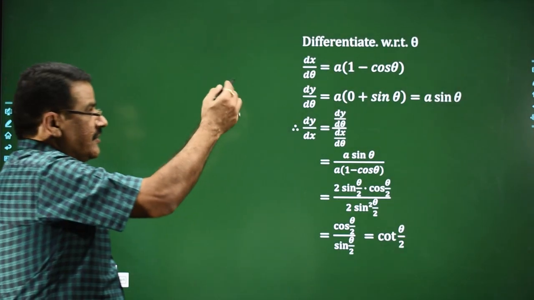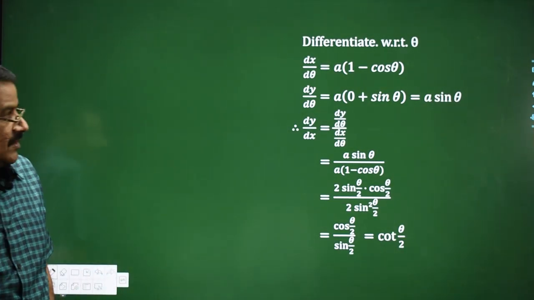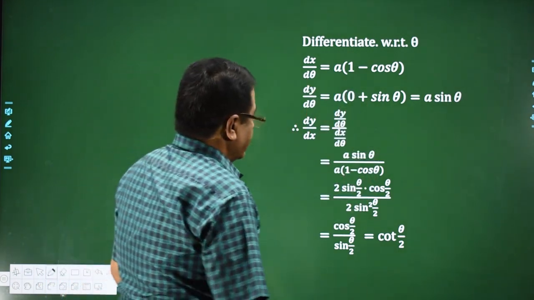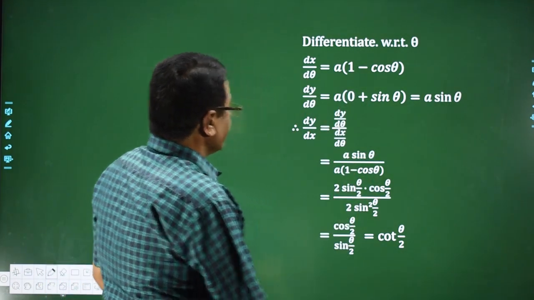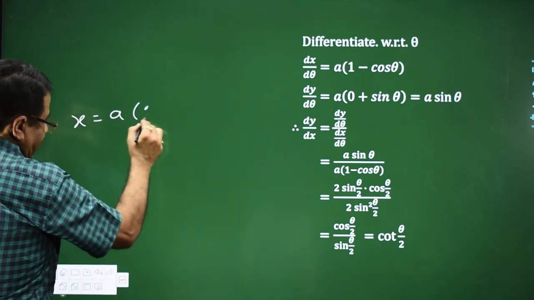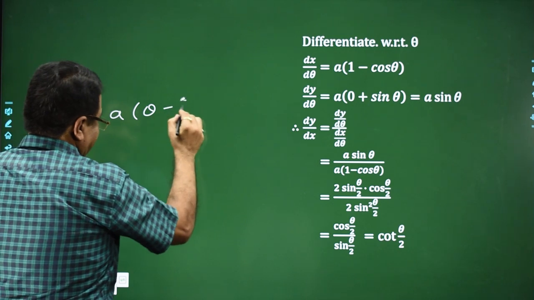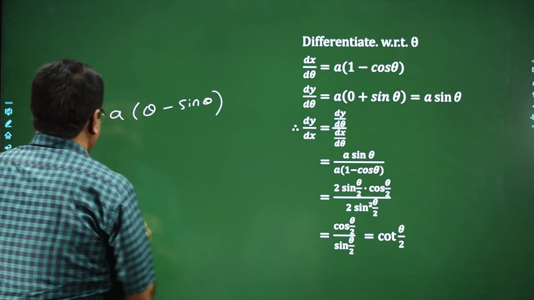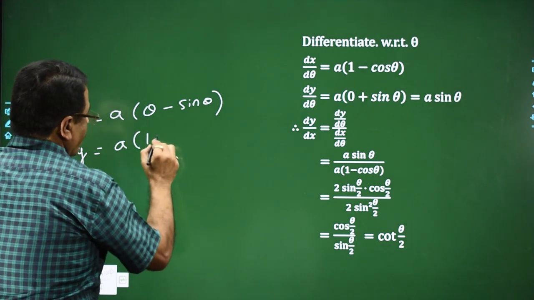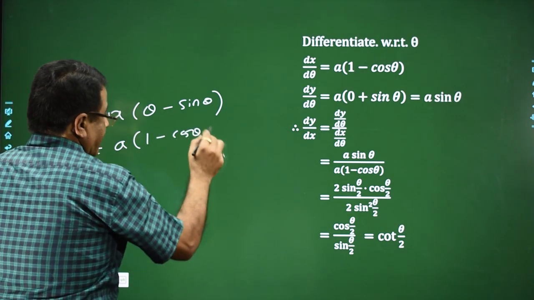So, differentiating with respect to theta, dx by d theta is equal to, we have to find its derivative. What is x? X is given in the earlier slide: it was a into bracket theta minus sin theta, and y is equal to a into bracket 1 minus cos theta.